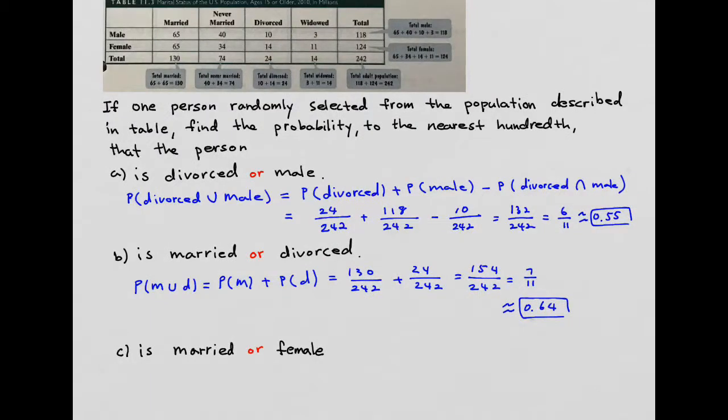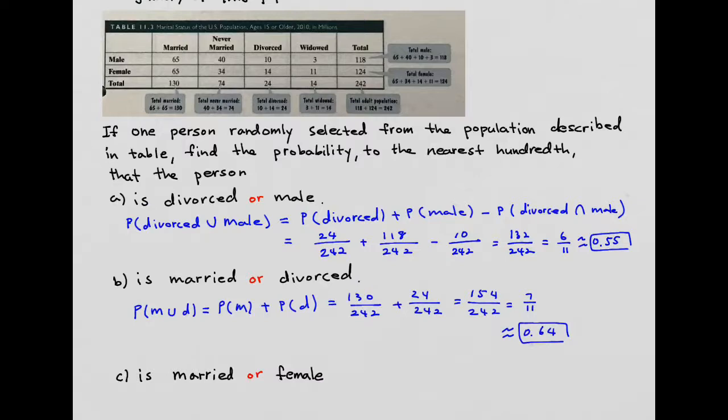So this time, if we wanted to look at married or female, right? First thing we want to know is whether this is an independent event. So married is going to be right here, and female is going to be right here.